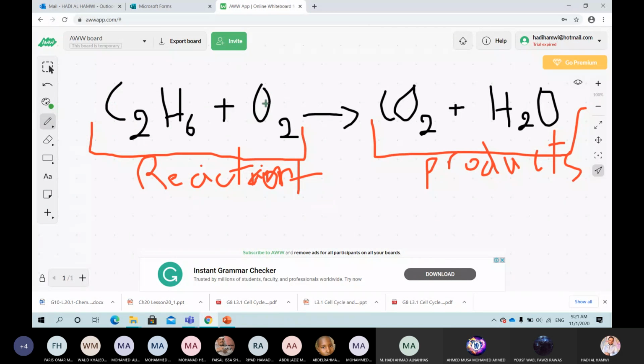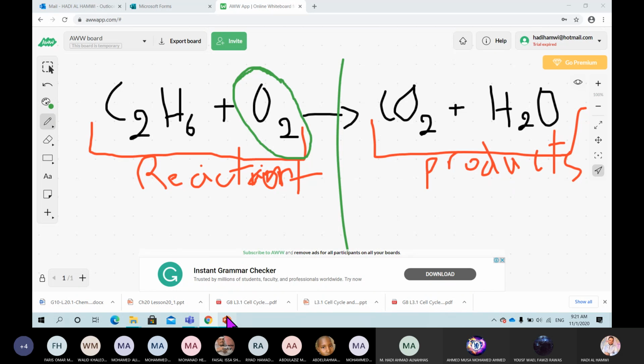The amount of oxygen is less than the amount of C2H6. So if oxygen is almost done and there is no more oxygen, the reaction will stop.